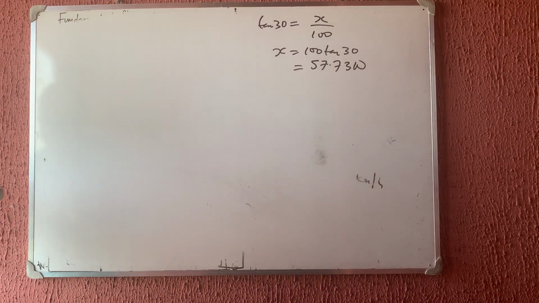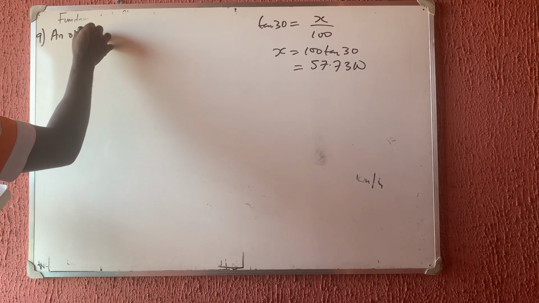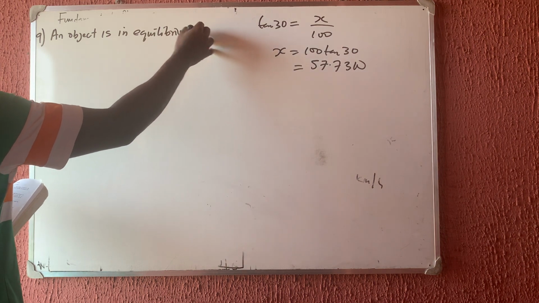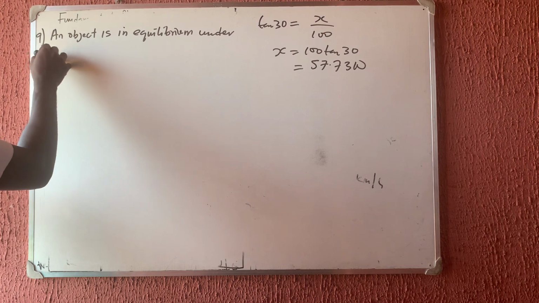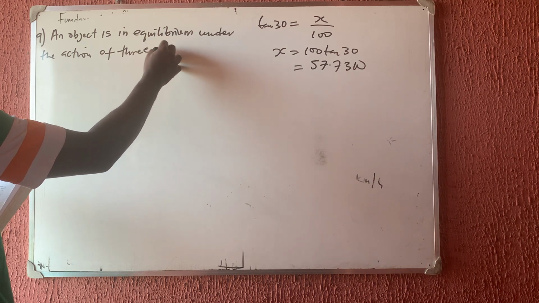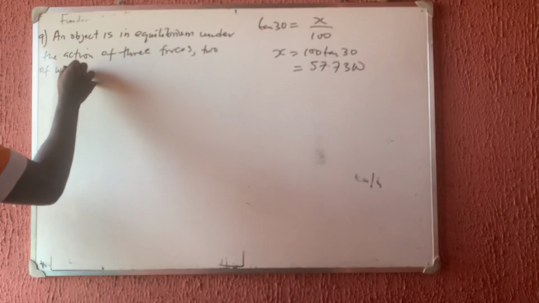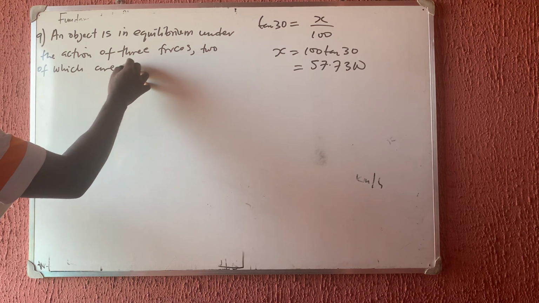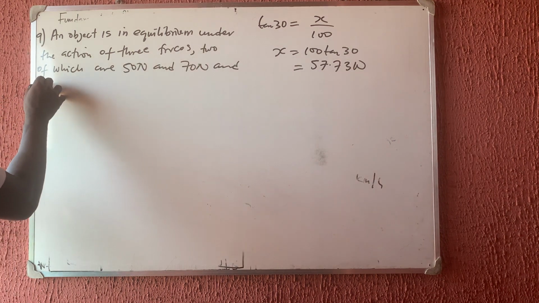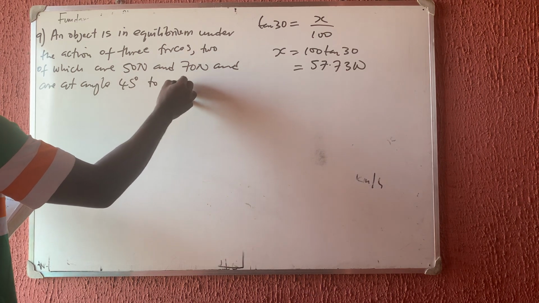Question number 9 said an object is in equilibrium under the action of three forces, two of which are 50 Newton and 70 Newton and are at angle 45 degrees to each other.